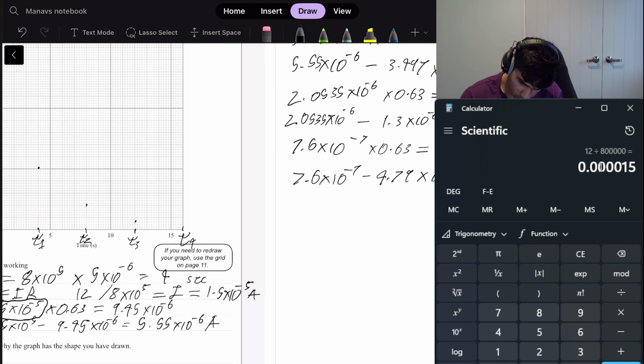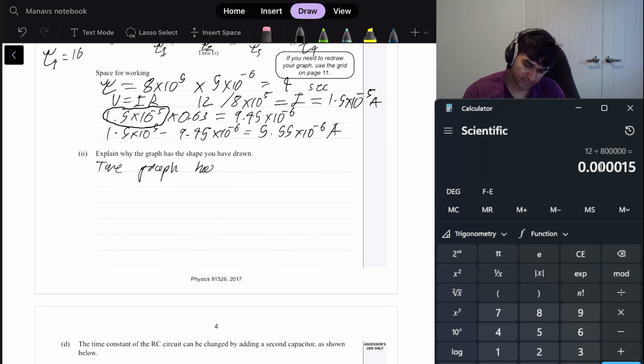Okay, the graph has an exponential decay shape.